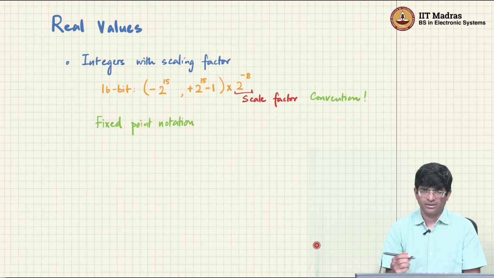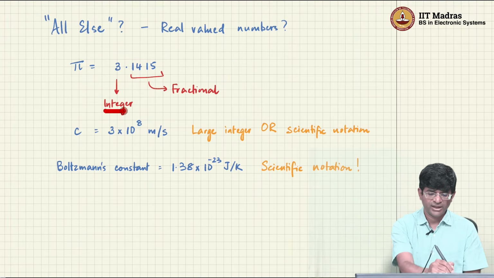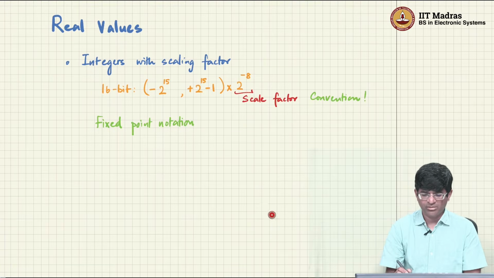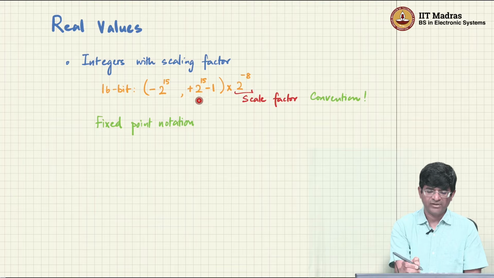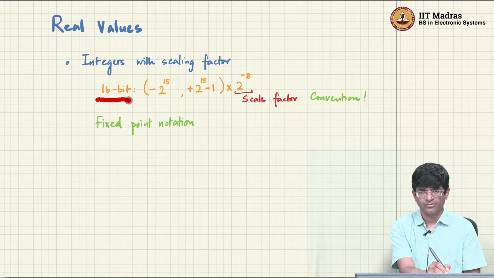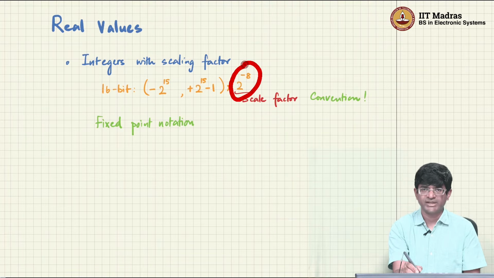So if I do want to represent real valued numbers, like I said, one possibility would be to take the integer and the fraction and treat them as separate numbers. The other possibility would be to take a regular number, let's say 16 bits, and multiply it by a scaling factor, which in this case is 2 power minus 8.